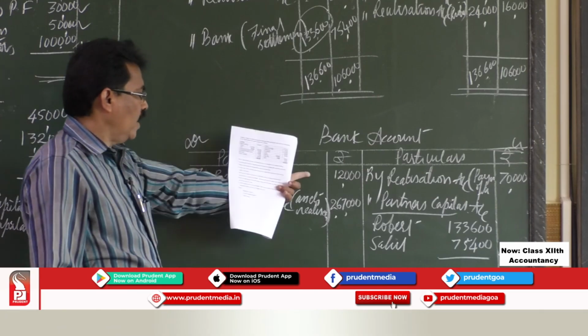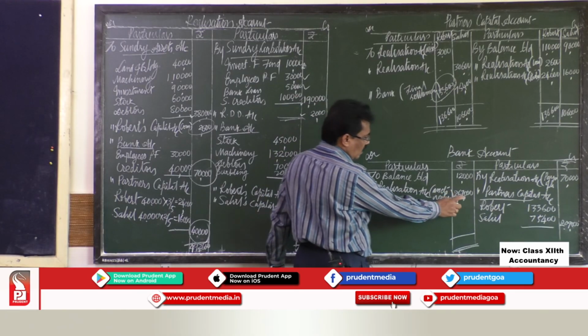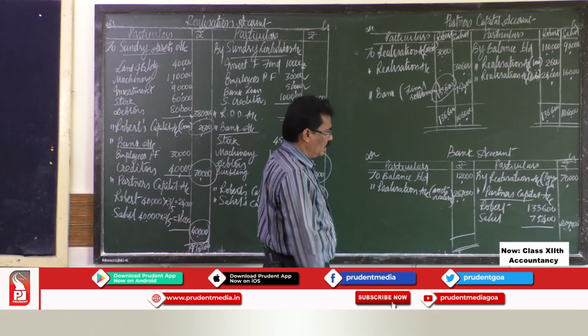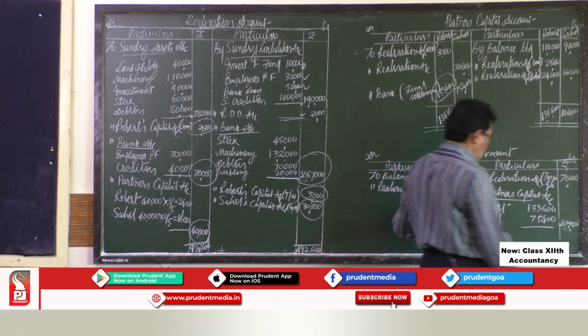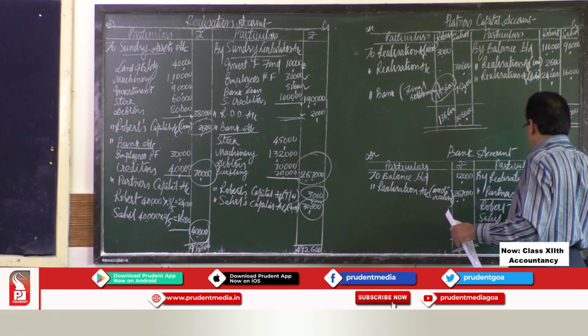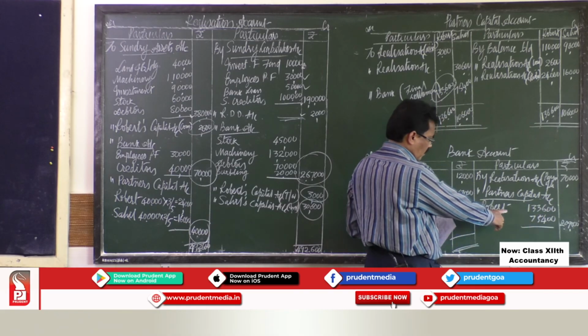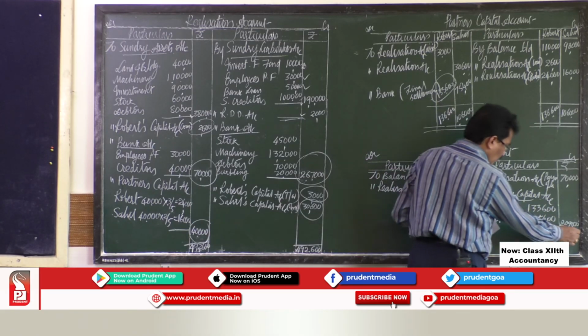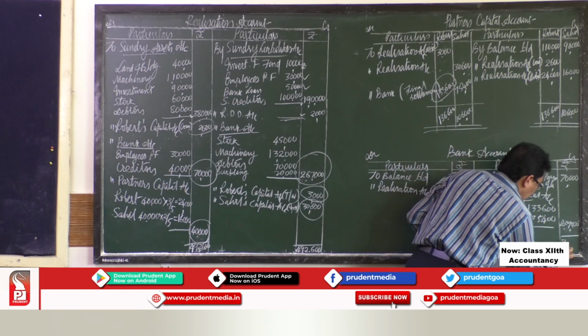So we had an opening balance of rupees 12,000 and we received on sale of assets 2,67,000. Total amount, this is the inflow of cash. Now this is the payment of liability 70,000 and the partners paid in final settlement is 2,09,000. So the total amount you have paid is 2,79,000.